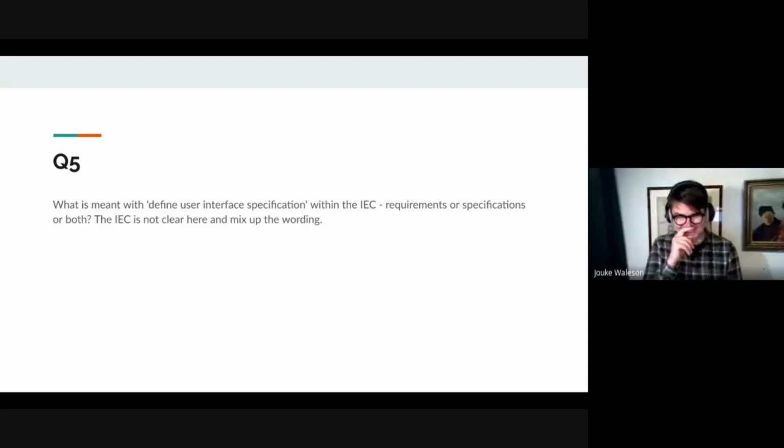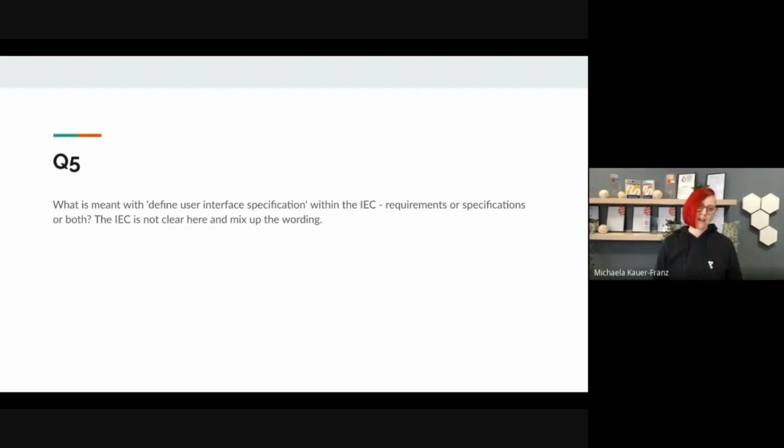Okay, and it's about these kinds of things, so sizes of buttons, color schemes, or is it about as a user you should be able to press a button? It depends on the stage in which you're documenting. It's quite early in the process, and when you really start documenting there, you don't have any specific requirements on a very detailed level. So actually, we start writing the technical requirements later on.